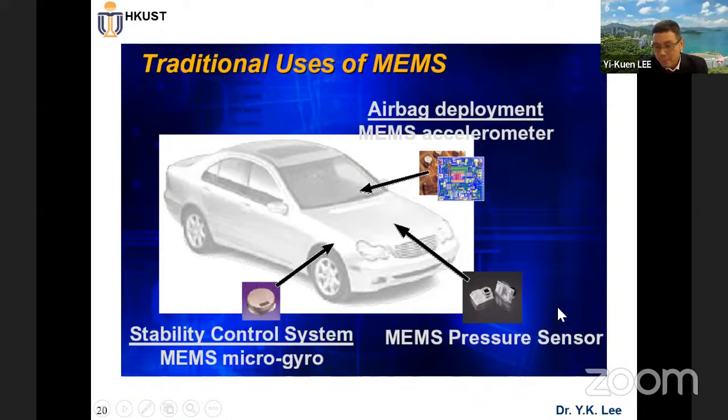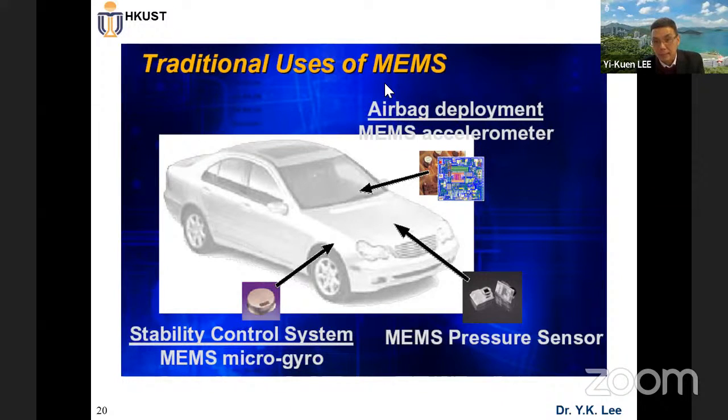Why does the engine need a pressure sensor? Because an engine basically has to mix air with oil, gasoline. By the right mixing of air and fuel, we optimize the ratio and get the best combustion process.